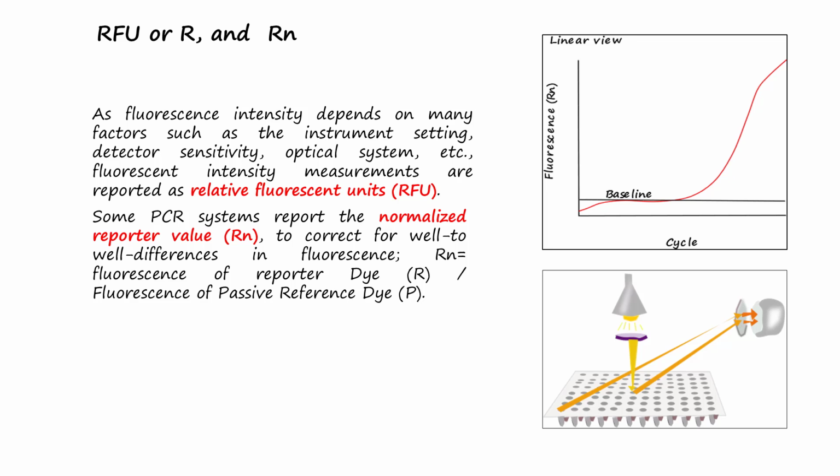Some PCR systems report the normalized reporter value, Rn, to correct for well-to-well differences in fluorescence. Rn is obtained by dividing the fluorescence emission intensity of the reporter dye, R, by the fluorescence emission intensity of a passive reference dye, P.